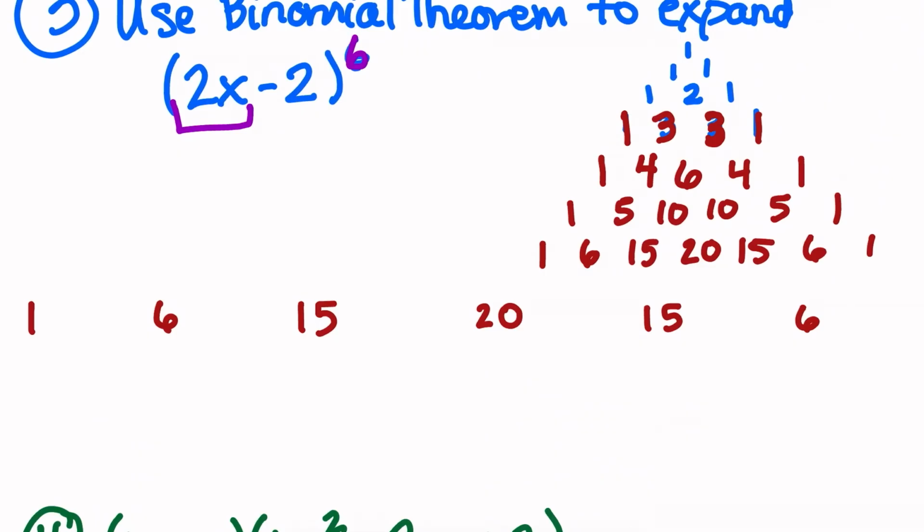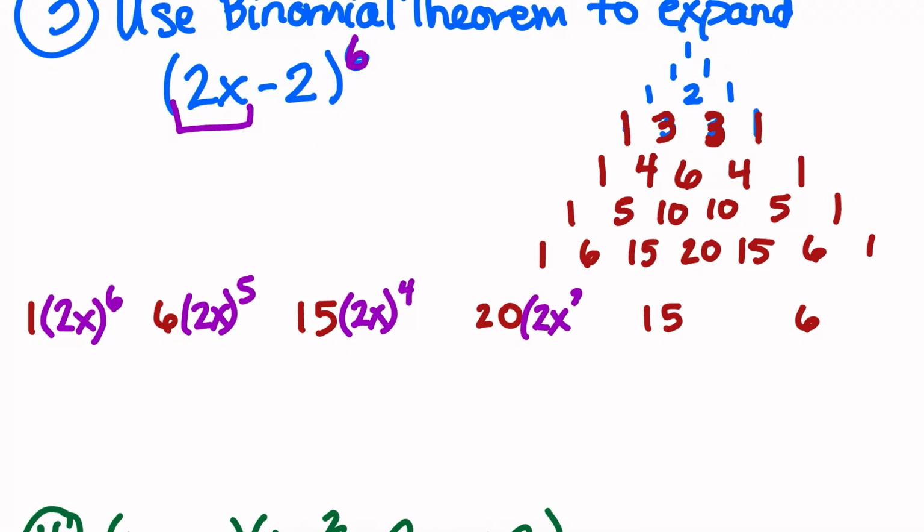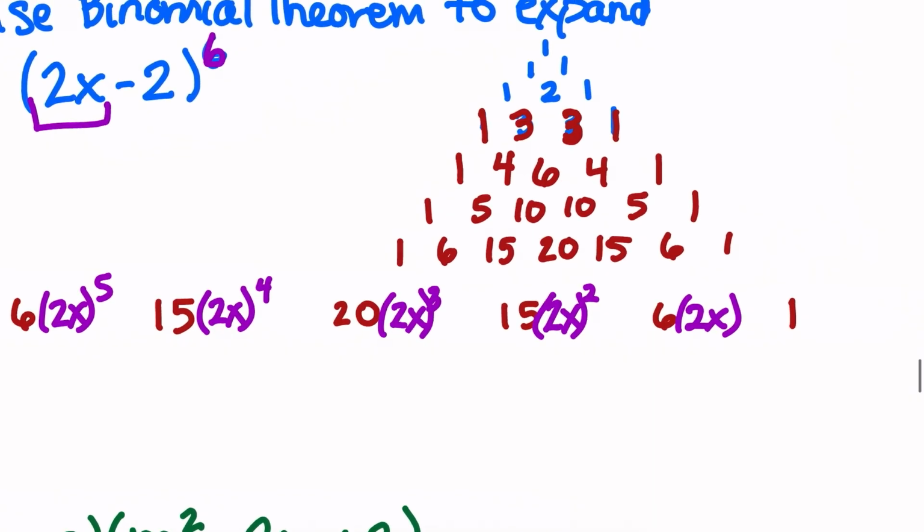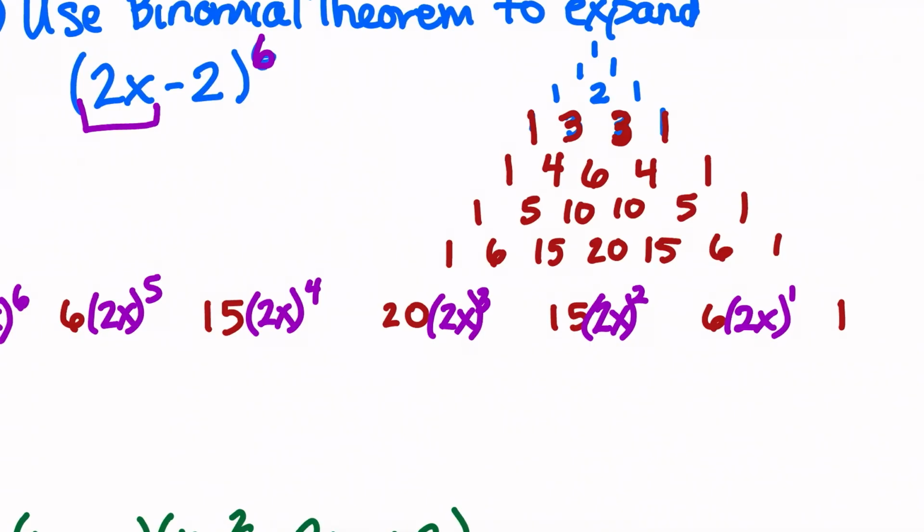So this will be 2x to the 6th, 2x to the 5th, 2x to the 4th, 2x to the 3rd, oops, 2x squared, and 2x. And then there was the 1, but we don't need to put anything there because that would be 2x to the 1.